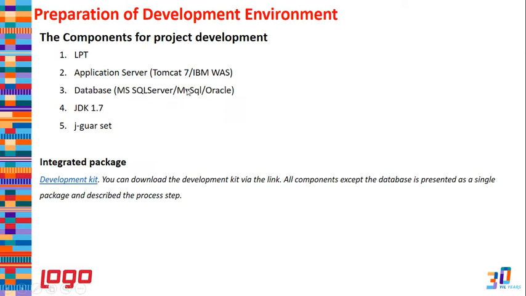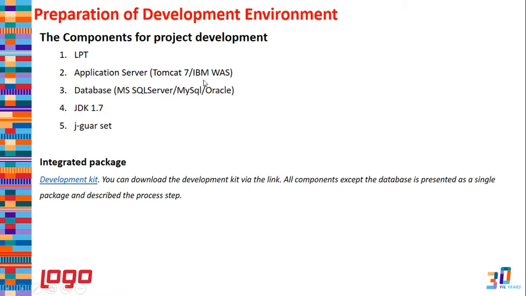Okay, these are the main requirements that you need for having LPT in your system or in your Eclipse environment. So what you need is the LPT plugins and the Jaguar set that we will download after this presentation. You need an application server, which is the Tomcat server, which we have provided inside the Jaguar set that we will download.